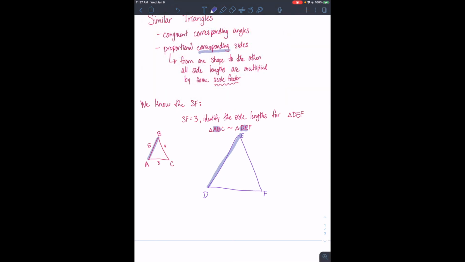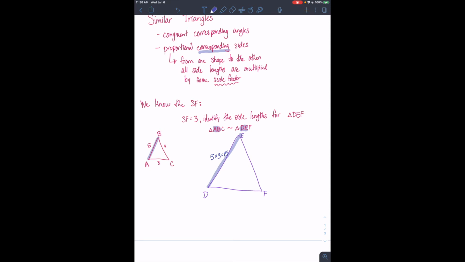This side length is going to be equal to the smaller triangle's side length, 5 times the scale factor, which is 3, because like we've learned, from one shape to the other, the side lengths are being multiplied by that scale factor. So DE is now going to be a length of 15.